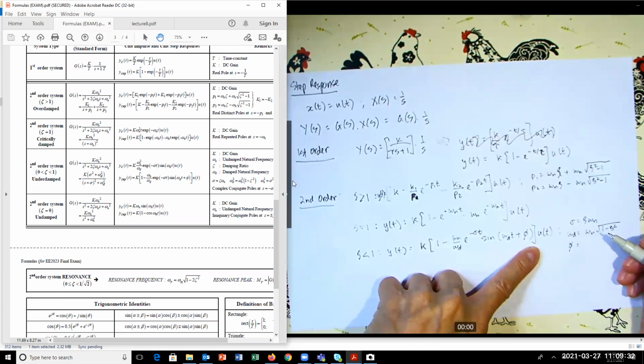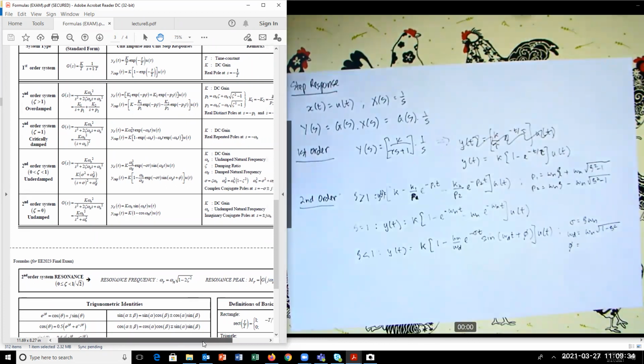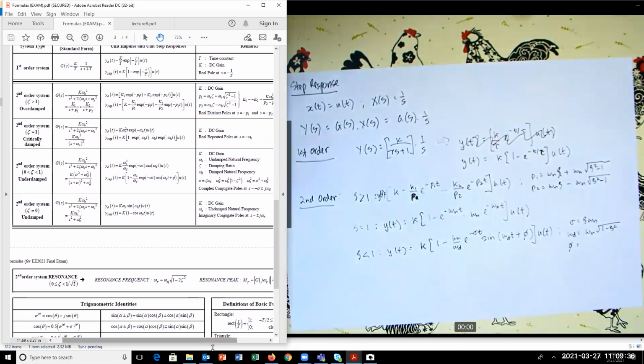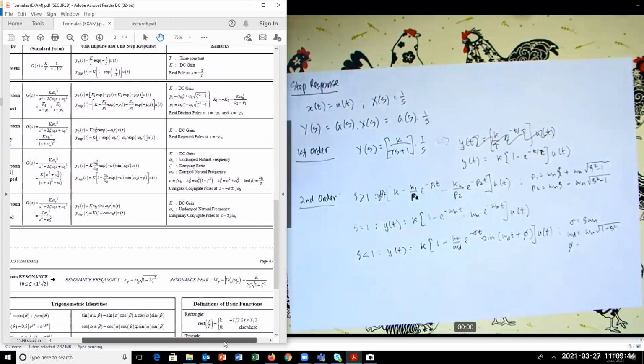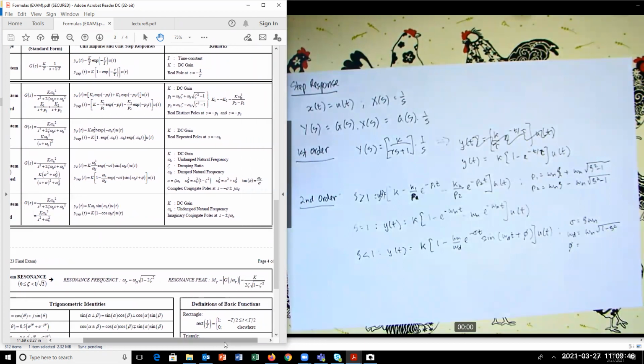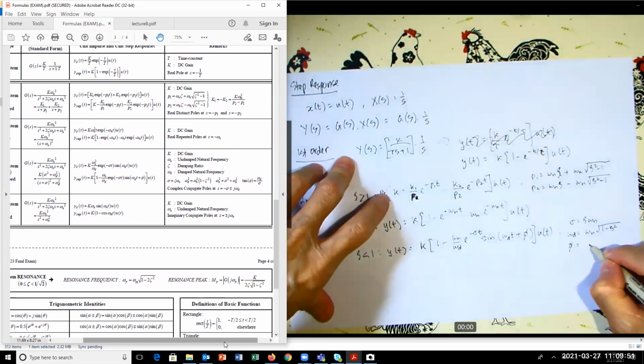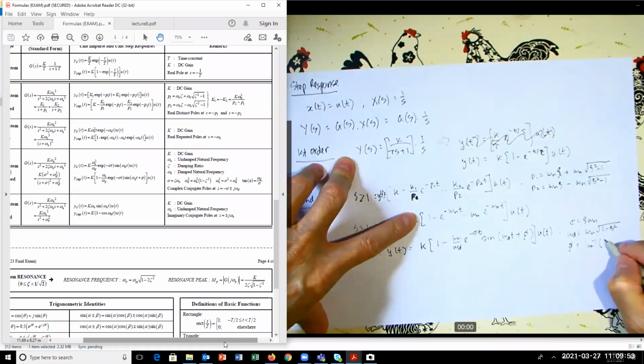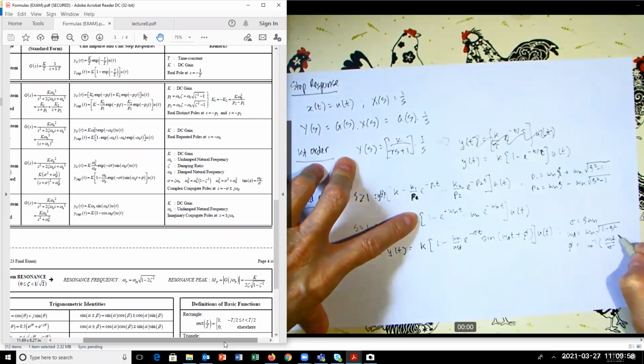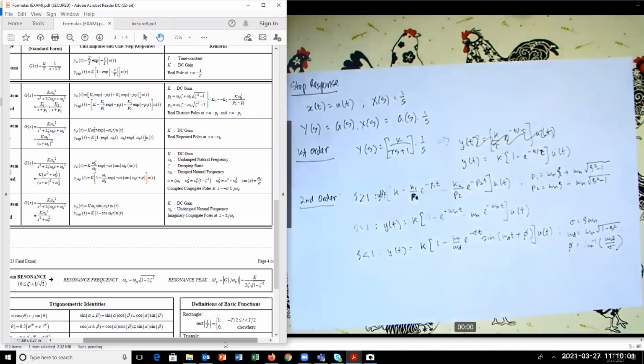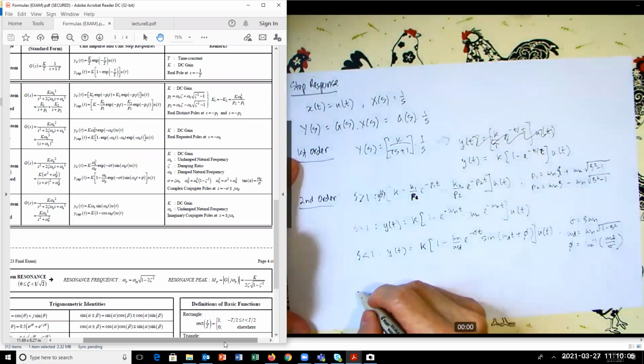What is phi now? Phi is arctangent, tan inverse of omega d over sigma. That is fine. And finally we have no damping, zeta equals 0.